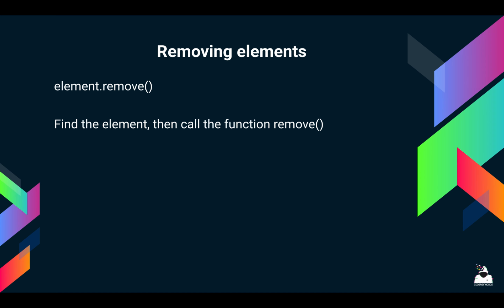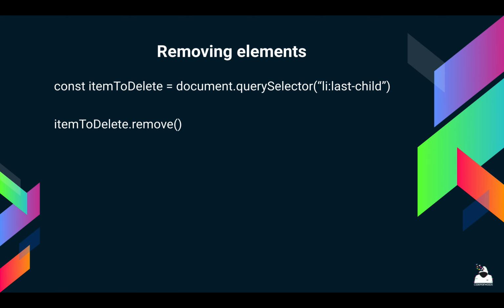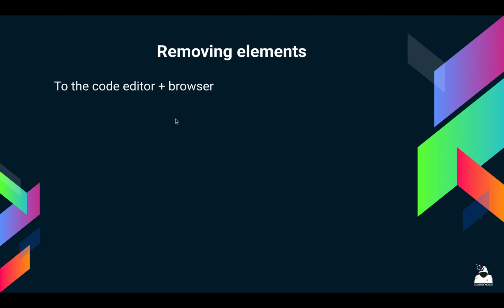We call the function remove on an element, and that's it. So we find an item that we want to delete. We use query selector, so li last child, the last list item in a list, and then remove that item from the list. Done. That's all it is.